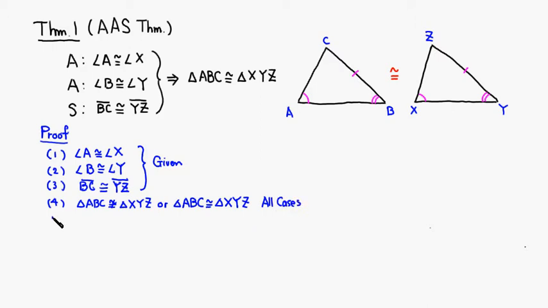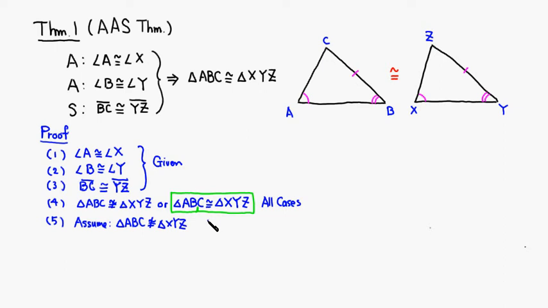Since we want to say that they are congruent, this is the one we want to keep. So let's pick on the other one. Let's assume that triangle ABC is not congruent to triangle XYZ.